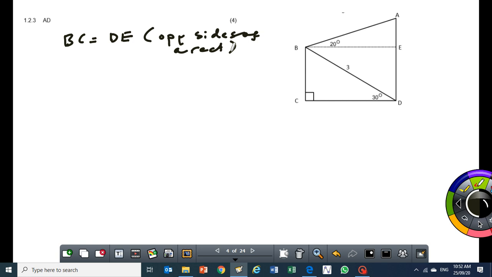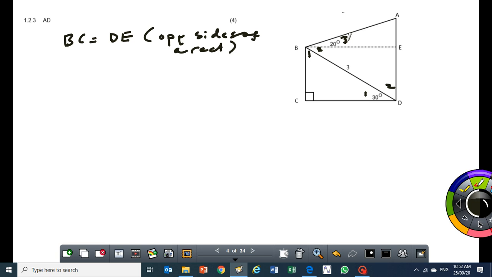Then I'm also going to say this angle, which I called D1 earlier, I got it wrong. If I label the angles here, I can have B1, B2, B3. So D1 is equal to B2 because they are alternate angles.